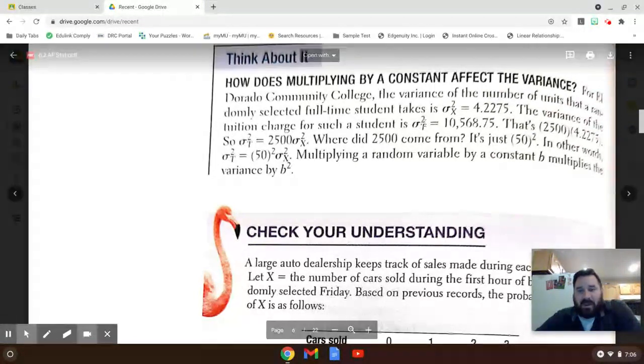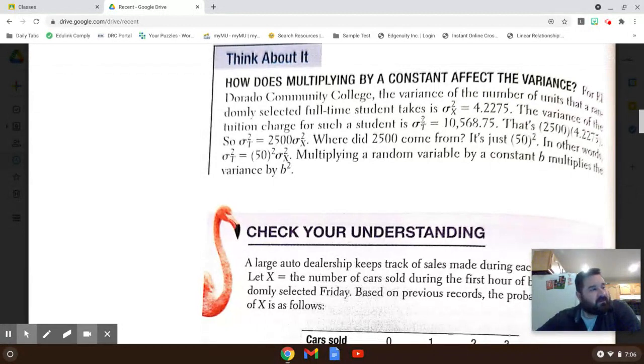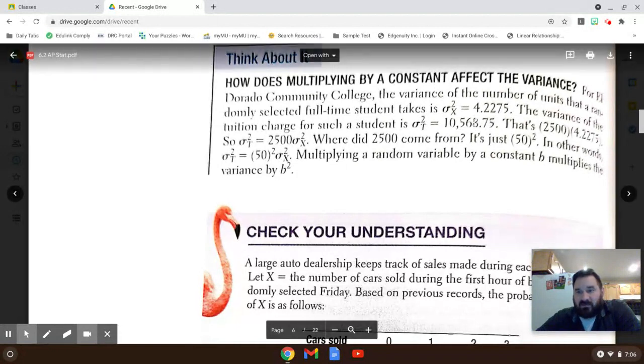To get the variance of our new distribution, you have to multiply by 50. Well, not really. You have to actually square the 50 because we kind of have to undo the square root. So it's 2,500 times the old variance.